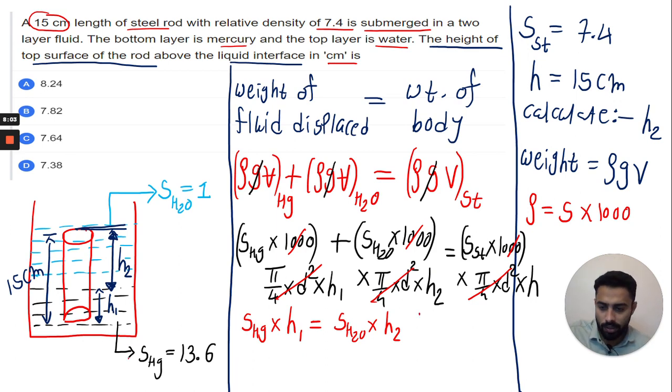This must be the plus, it must not be the minus. Here it must be the plus. Now which is equal to S of St multiplied by height.